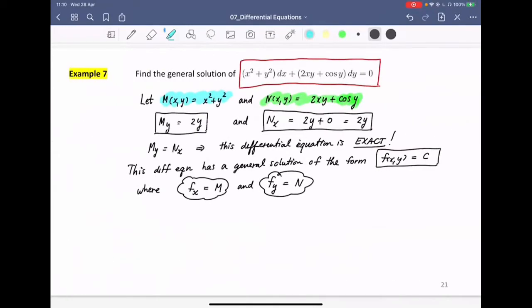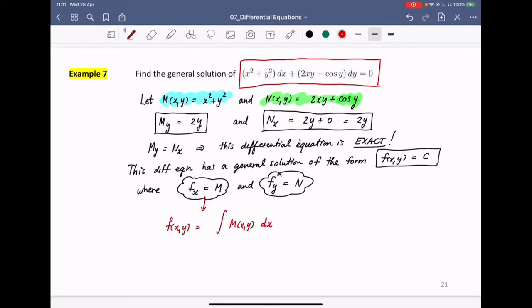And now, your task is that you just do whatever you want, but at the end, you just need to get function f. You need to find the function f that you differentiate with respect to x, you get M, and you differentiate with respect to y, you get N. So what I'm going to do is, because I know that the function that I want, I differentiate with respect to x, I get M. So that means if I start from M here and integrate back with respect to x, I should get f, right?